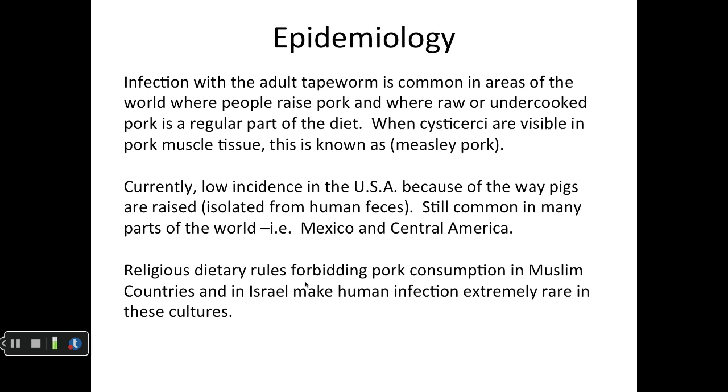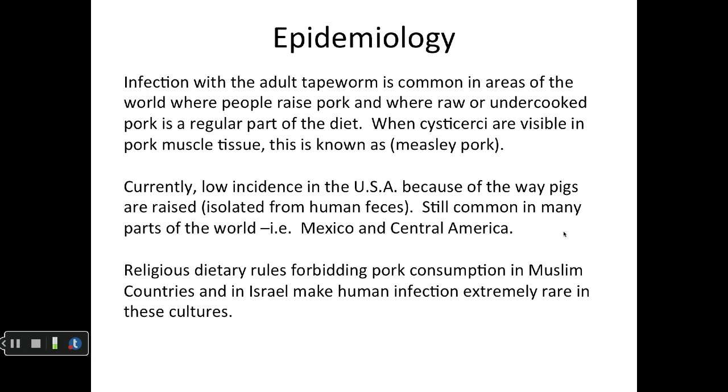Not surprisingly, with our standards for meat production and meat sales, there's a very low incidence in the U.S., and the reason for that is because pigs are typically raised well away from human feces. But it is still very common in many parts of the world. Mexico has one of the highest prevalences in the world, and certain regions in Central America it's also still very common.